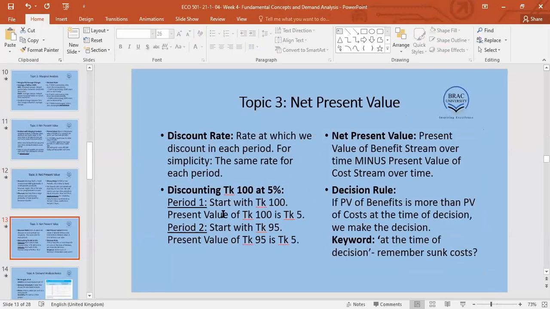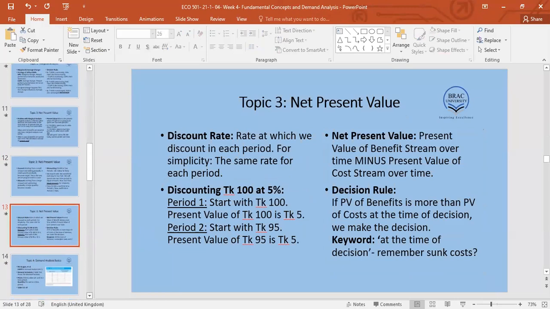Similarly, with net present value, if our stream of benefits in the next 5 years is more than the stream of costs that we have to bear, then net present value is positive and we go for the activity. If our stream of benefit is less than the stream of costs in the next 5 years, or whatever our time frame is, then we don't go for the activity. The net present value becomes negative. Got it now?